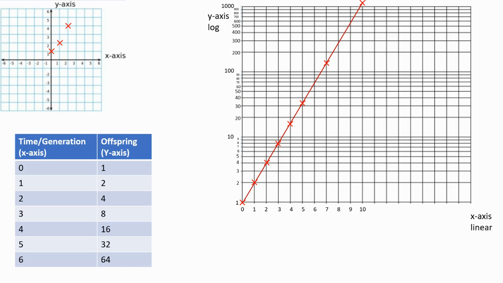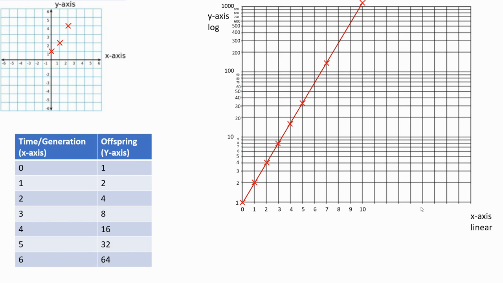So when we clean this up a little bit, we see that at about generation 10, we are over 1,000, 1,020 something, right? Because we know that the distance to the 2,000 would be more than that, and you could put another cycle above it to get to the 10,000, right? So this is how you graph on semi-log paper.